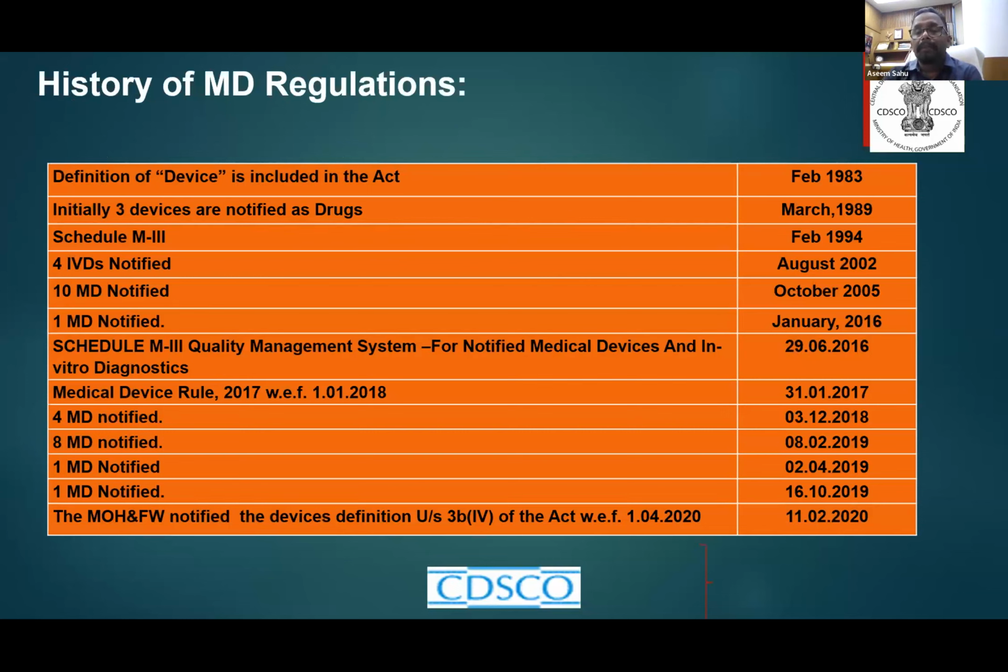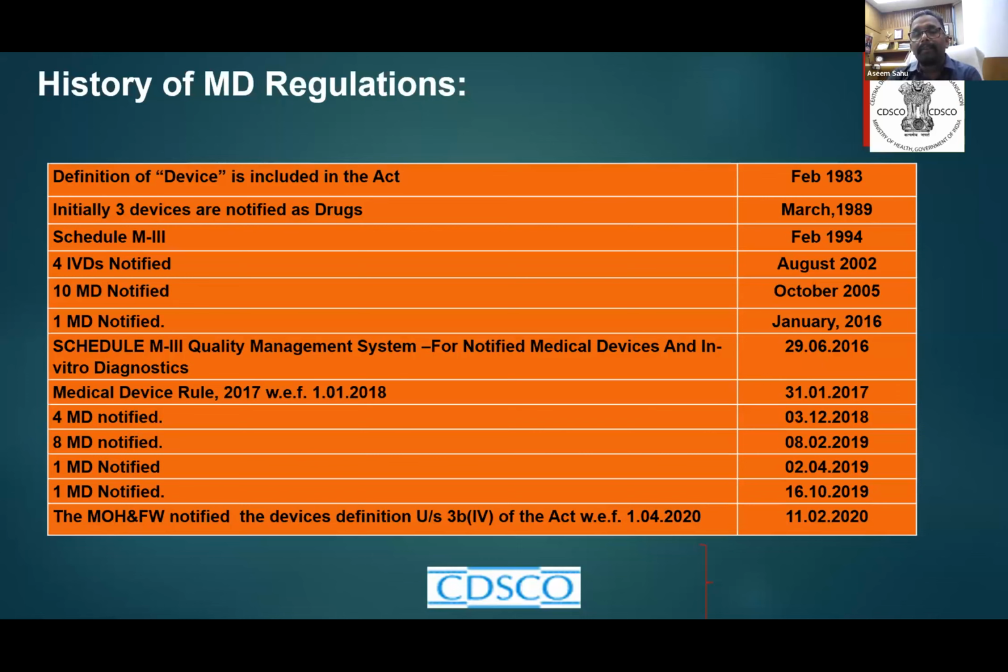If you see the genesis, the history of this medical device regulation, we are all aware that till 2017 we did not have the specific requirements. And also I can say that till 2020 we did not have the provision to regulate all types of medical devices.